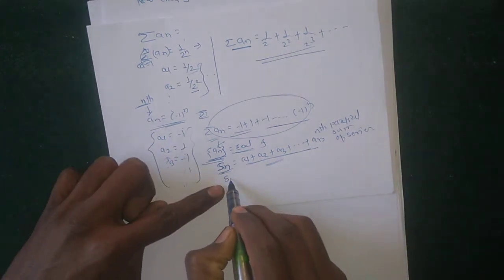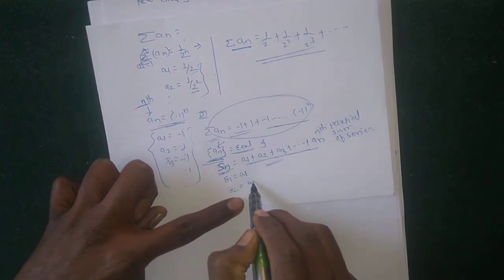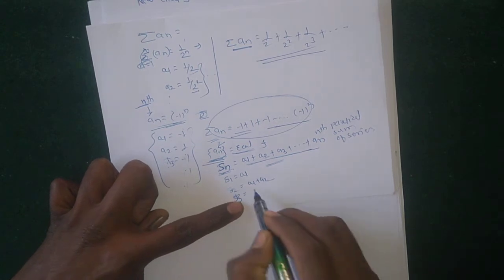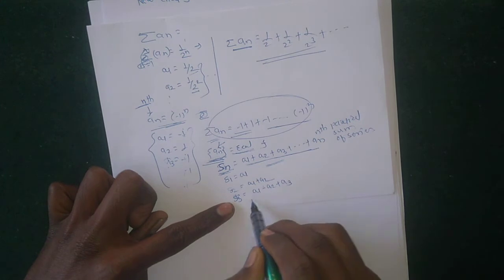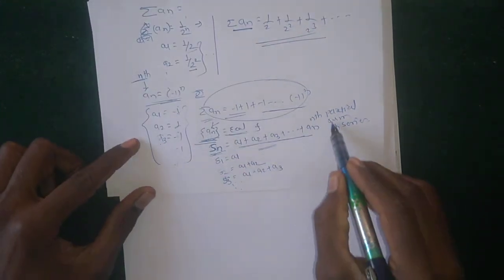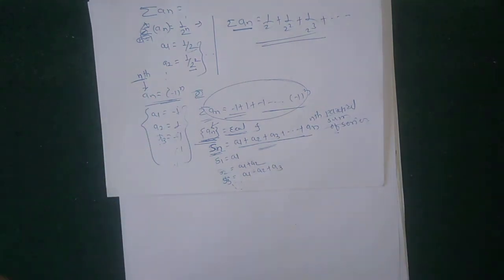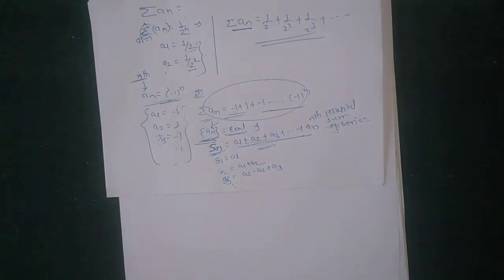That is, s1 is equal to a1, then s2 is equal to a1 plus a2, then s3 is equal to a1 plus a2 plus a3. In this way we obtain the nth partial sum of the series.